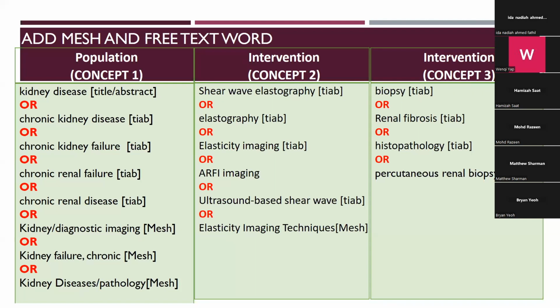Sometimes that is why some students come to me and the results are too large, because you don't instruct the system to only search for title abstract. If you put all fields, then the keywords can be everywhere. So that's why it's important to instruct the system what to do. So you have to combine title abstract and also MeSH.